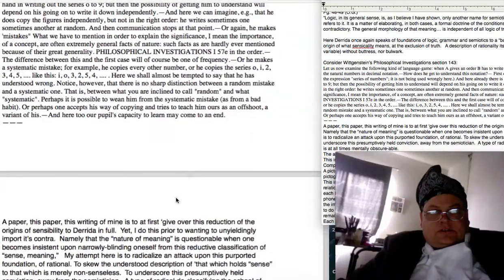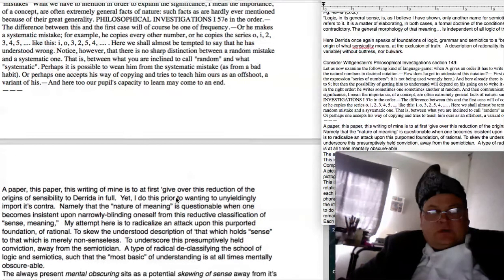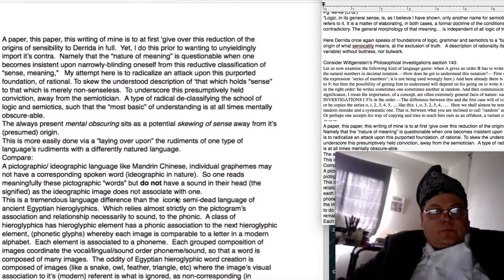That is, between what you are inclined to call random and what is systemic. Perhaps it is possible to wean him from the systemic mistake, as from a bad habit. Or perhaps one accepts his way of copying and tries to teach him ours as an offshoot, a variant of his. And here, too, our pupil's capacity to learn may come to an end. End quote.